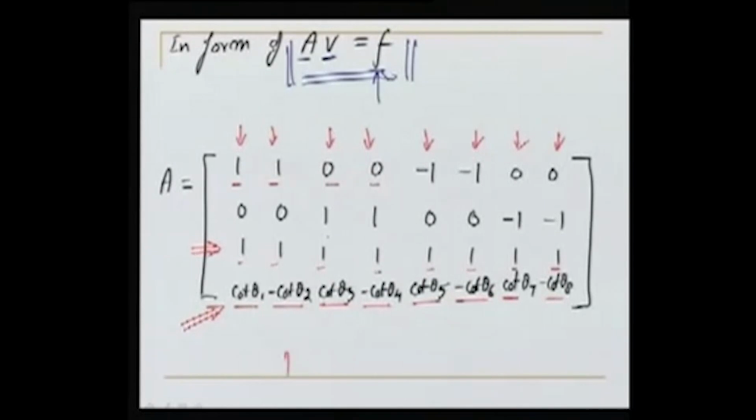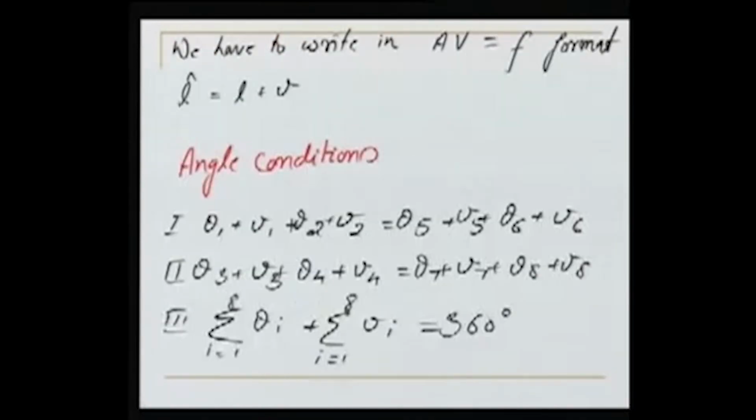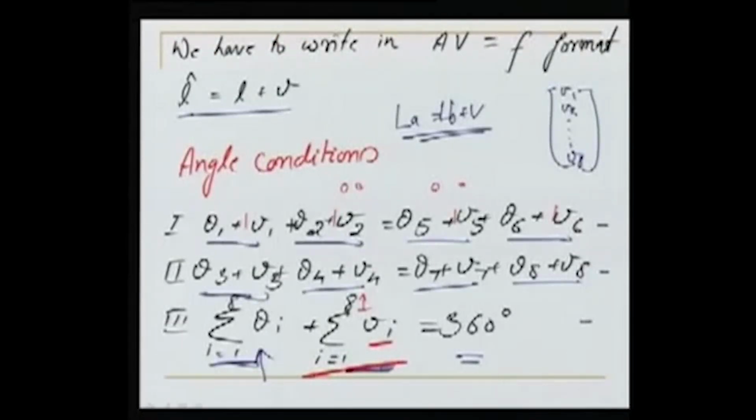So we know A here. We also know V. V is V1, V2 up to V8. And what is F? F again can be determined from here, because all these constant terms, theta 1, theta 2, all these, are coming to the right hand side.